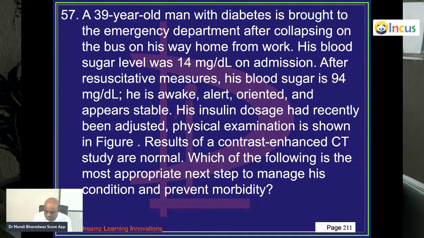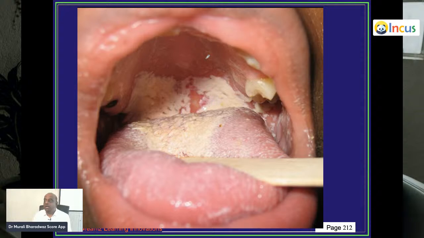So, doctor, continuing our discussion. A 39-year-old diabetic is brought to emergency, and after resuscitation, his blood sugar is 94. When he was brought, it was only 14. And on examination, what did you find? Oral thrush, candida.